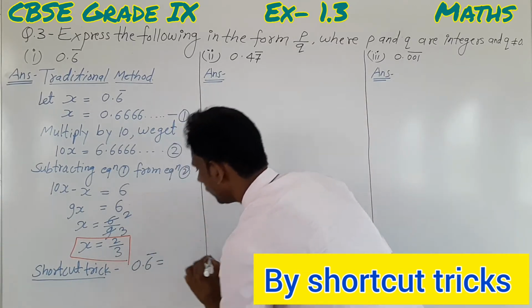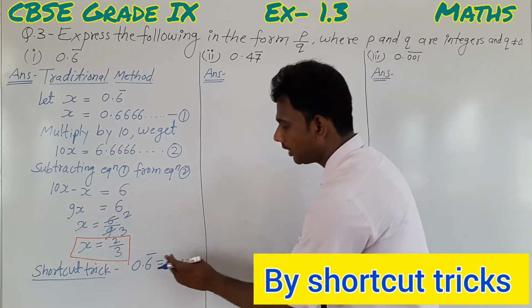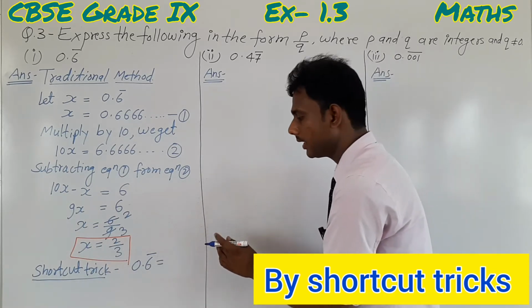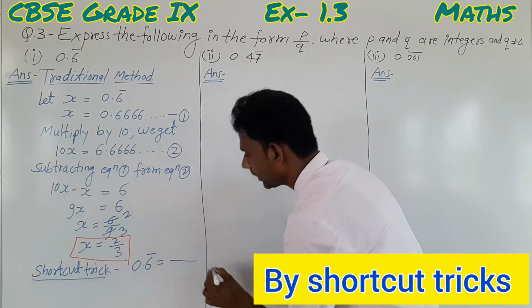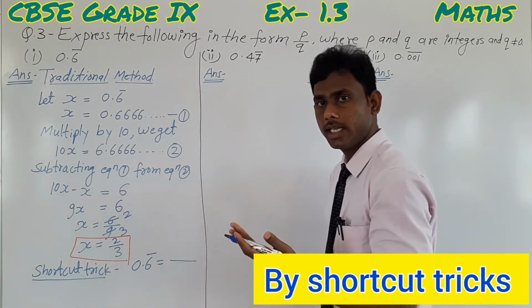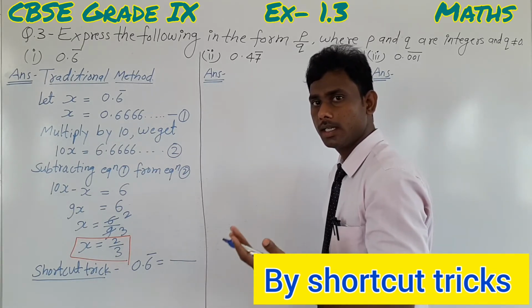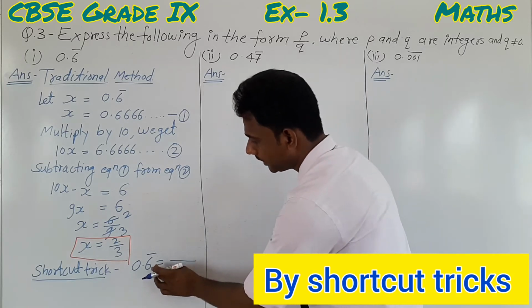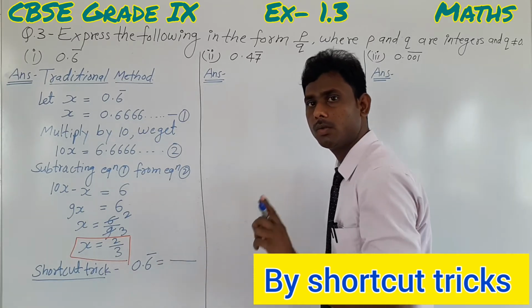Here only one digit is recurring, so in the denominator you write 9.